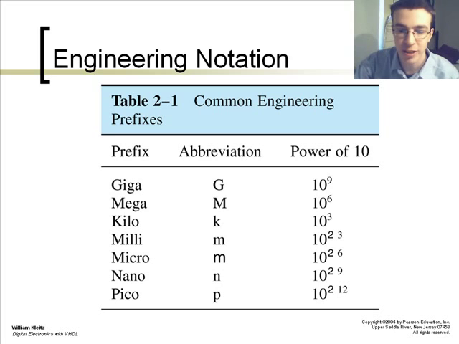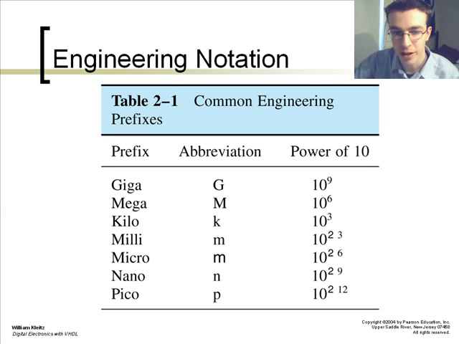Some engineering notation to note for this chapter, as well as the rest of this textbook, is the common engineering prefixes giga, mega, kilo, milli, micro, nano, and pico. These have abbreviations, but more importantly, the powers of 10.